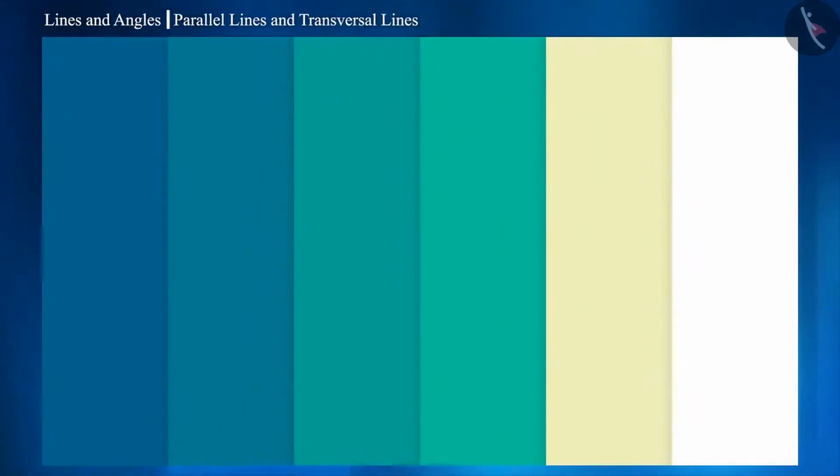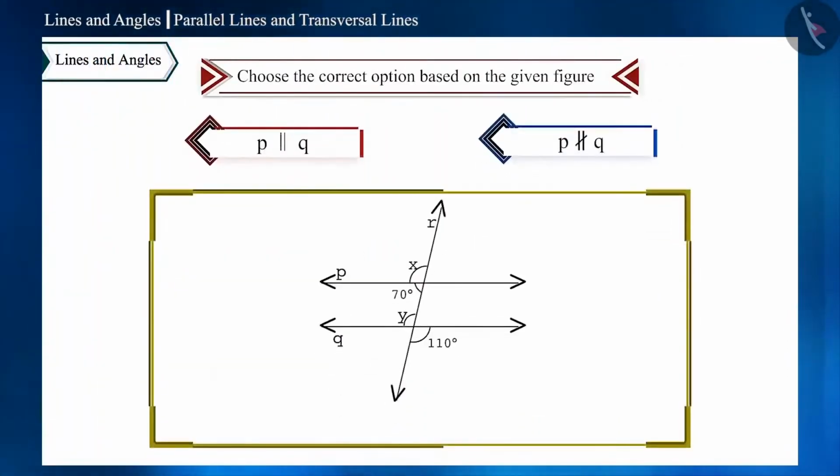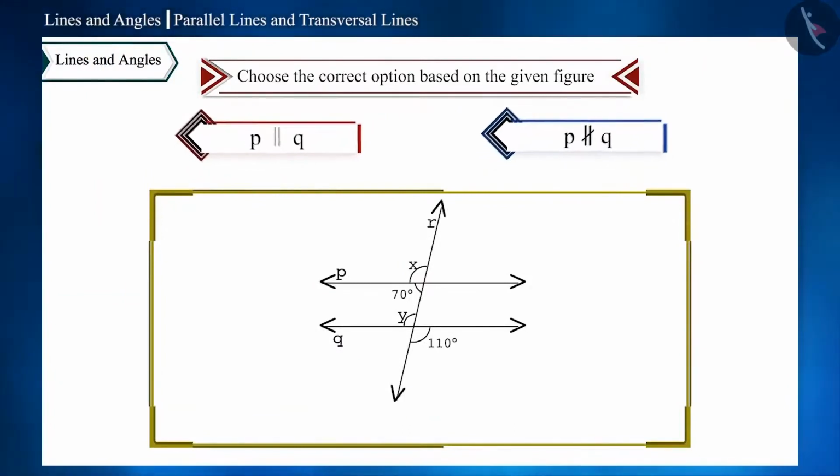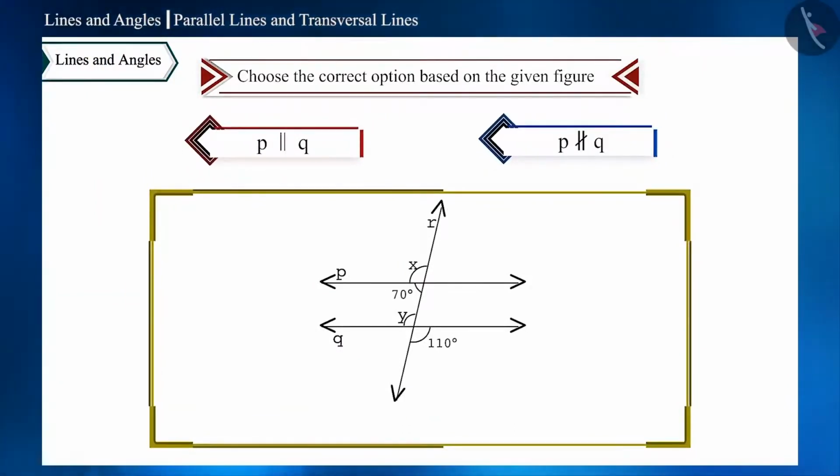Let's move ahead and look at a question. With the help of information given in the figure, choose the correct option. Friends, see the figure carefully. The measure of this angle is 70 degrees and the measure of this angle is 110 degrees. These two angles are vertically opposite angles, so they will be 110 degrees.